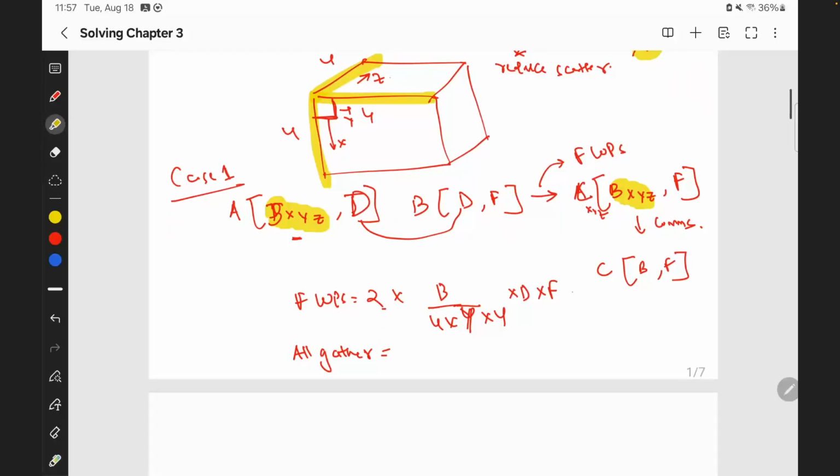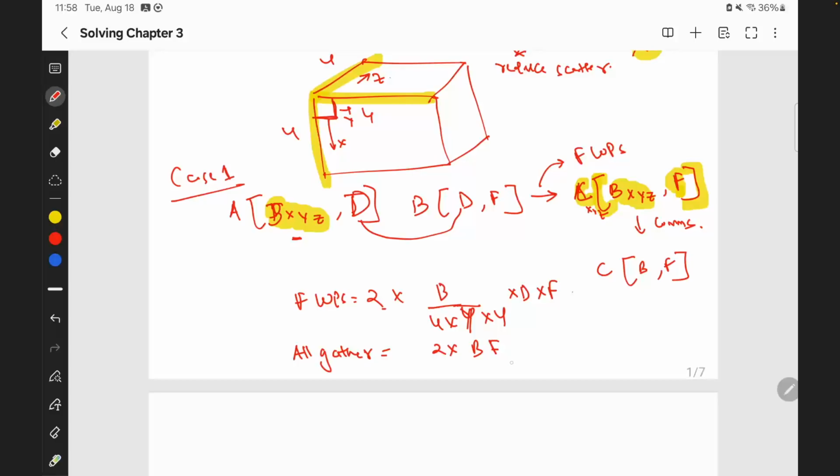So after doing matrix multiplication, your size of the array is this: C, B, X, Y, Z, F. So you will be doing communication on this only. So it is 2, and the total size is B, F.